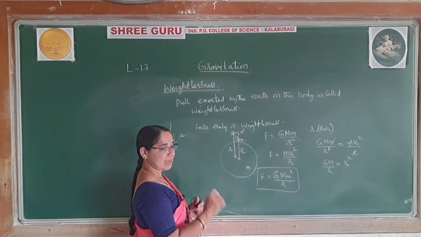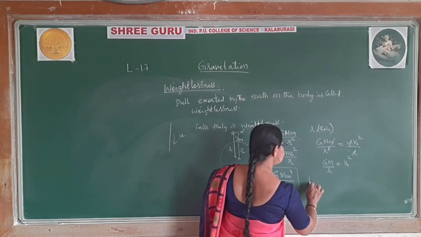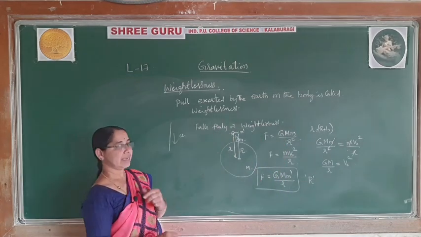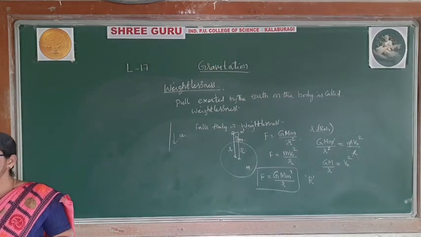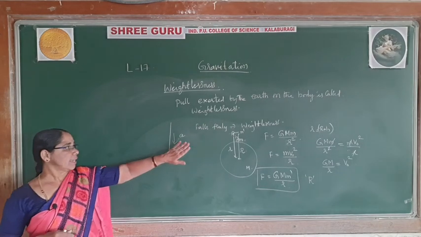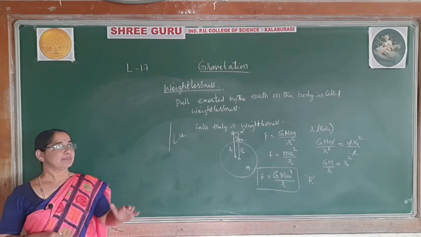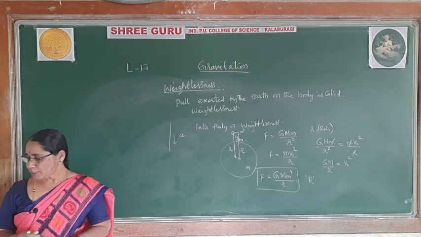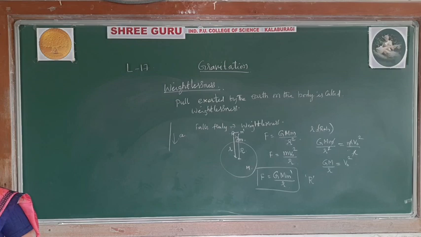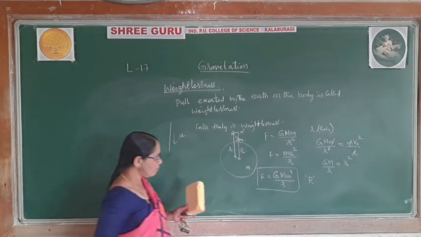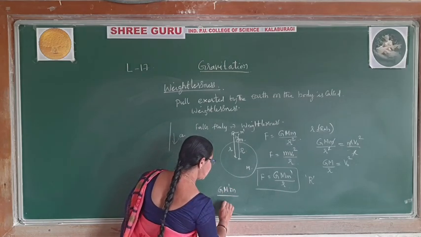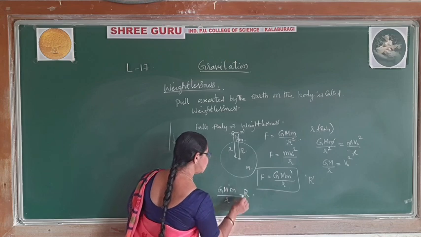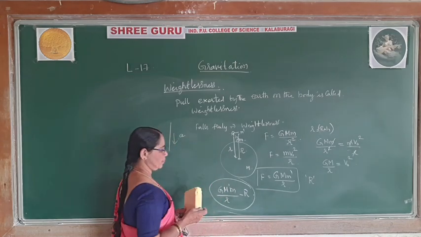At the same time there exists a reaction force which is represented by R. Whenever there is a reaction force acting on him, he feels weightlessness, because the person is inside the satellite. Therefore it is G M m dash by R square minus R, which is the reaction force acting on him.